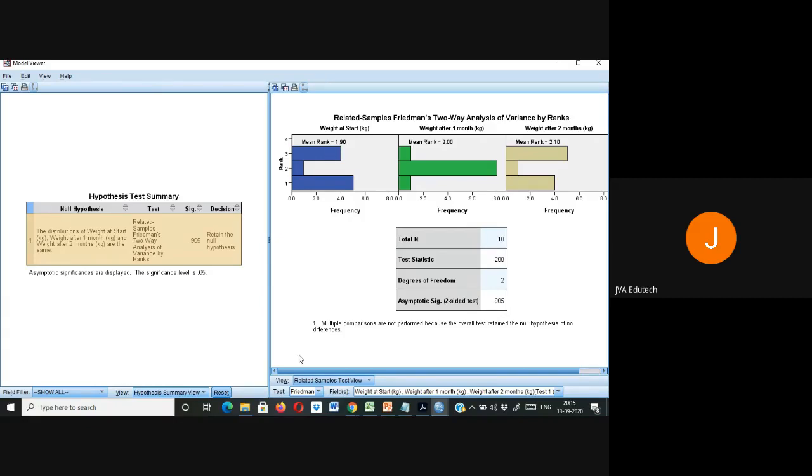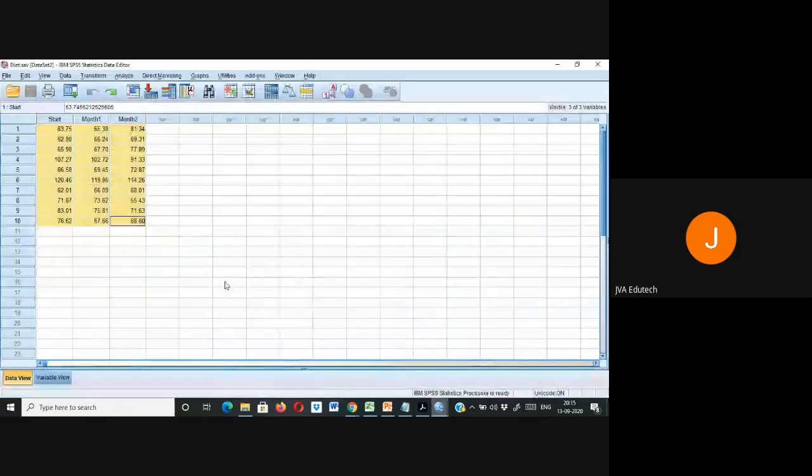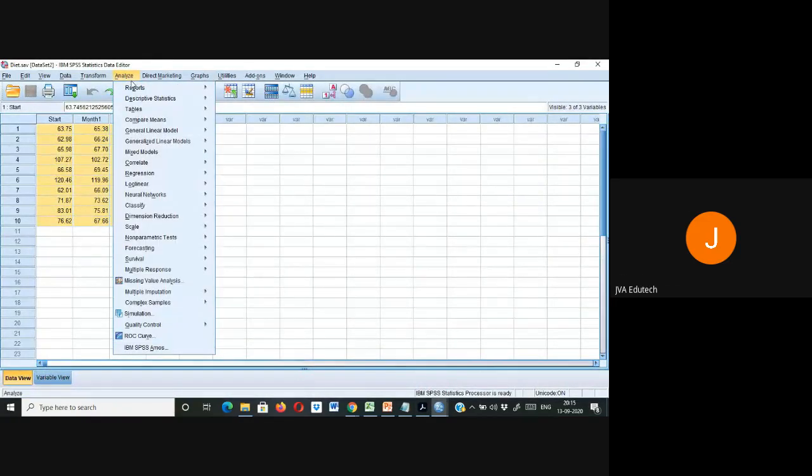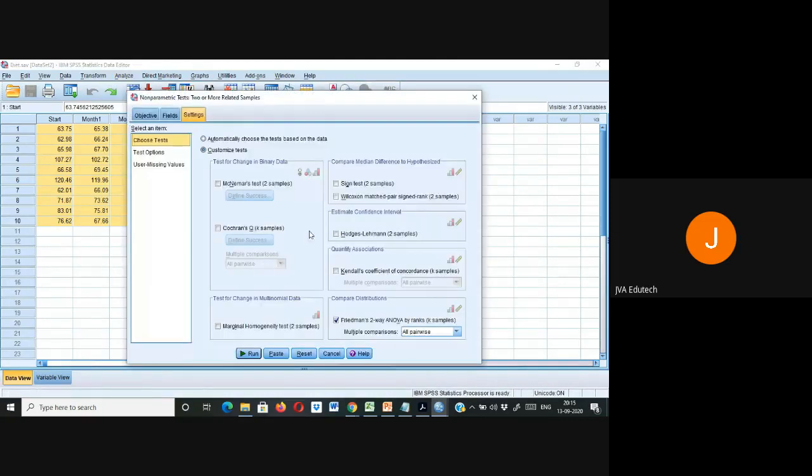Now take this stepwise. This is the all pairwise method. Now let's take the stepwise method and see. Stepwise through stepwise down method.